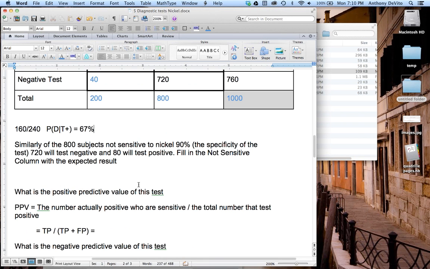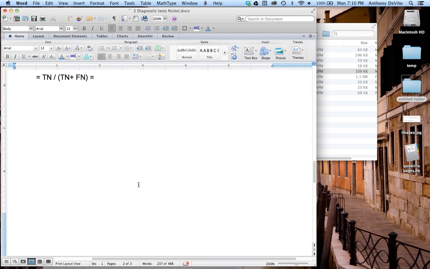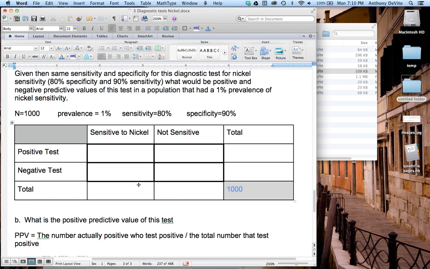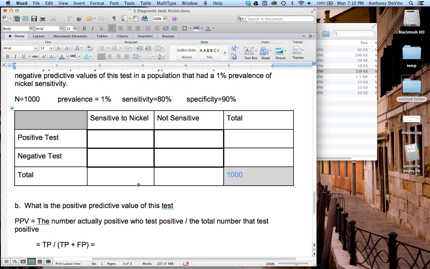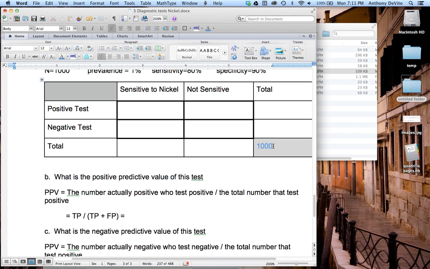So now, again, I mentioned that that's for this population. Now let's do this again, except we're going to do it for a population that has a 1% prevalence instead of a 20% prevalence. I'm going to take the same number I started with, my pseudo population of 1,000.